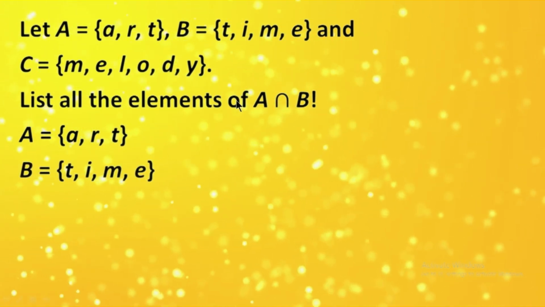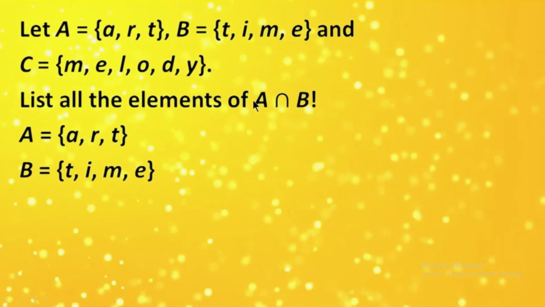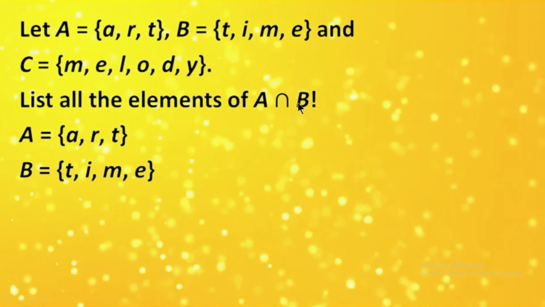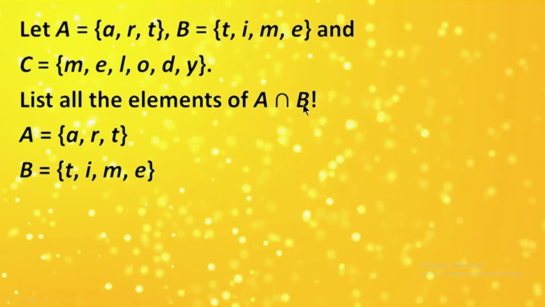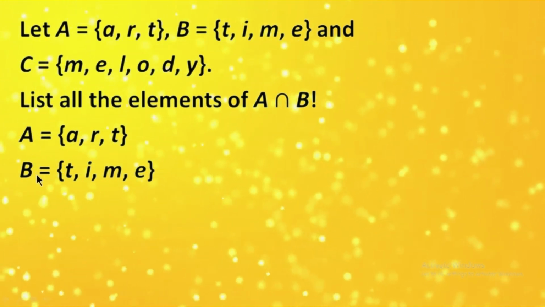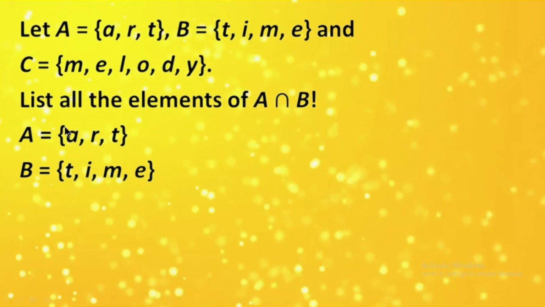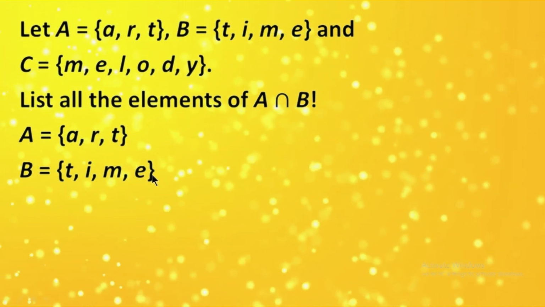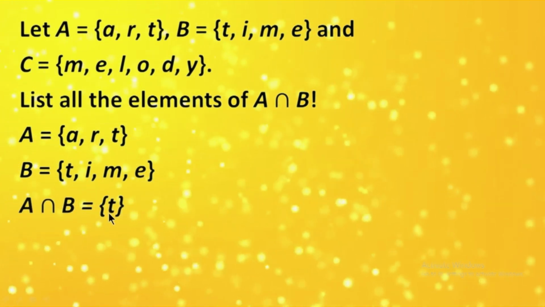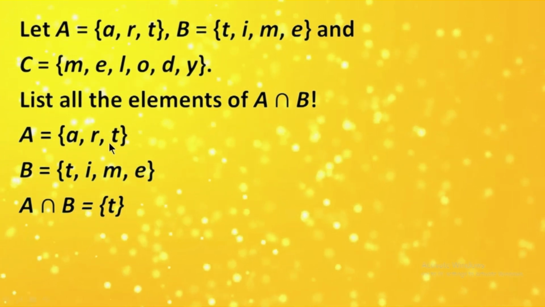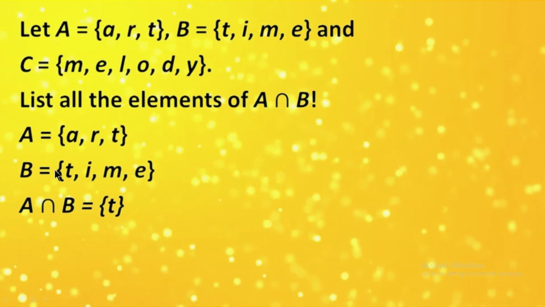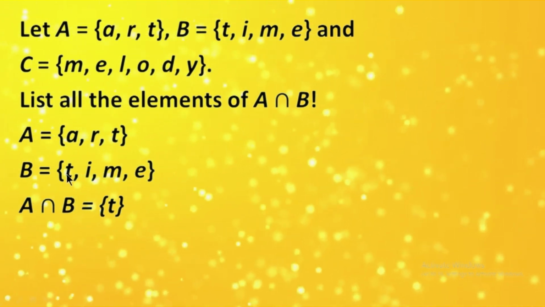So the elements of A intersection B are the elements that belong to A and also belong to B, or the common elements between A and B. As you can see, this is the elements of A and this is the elements of B. So A intersection B is actually T, because T is the only element that belongs to A and also belongs to B, or T is the common element between A and B.